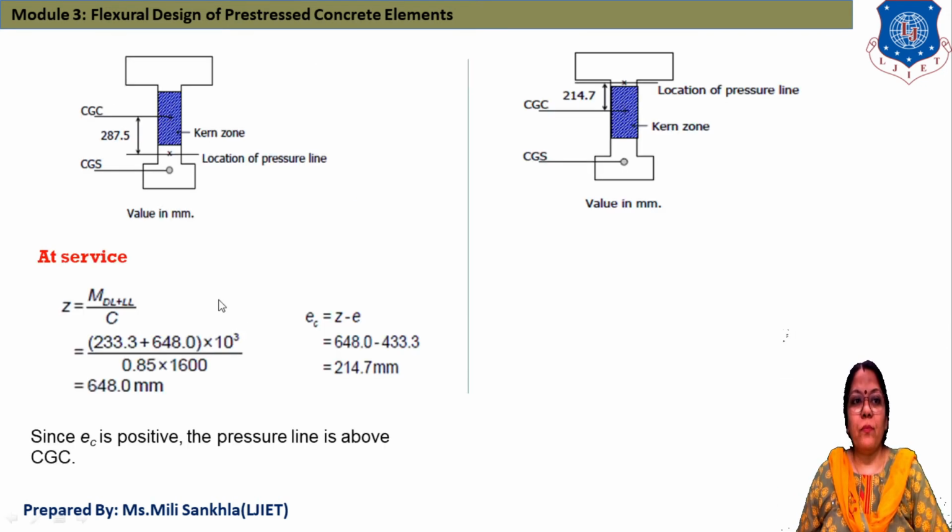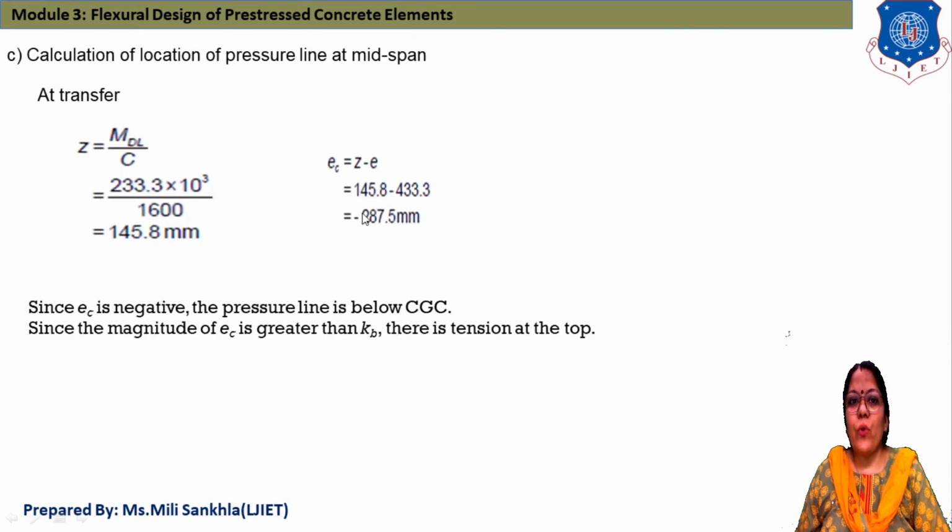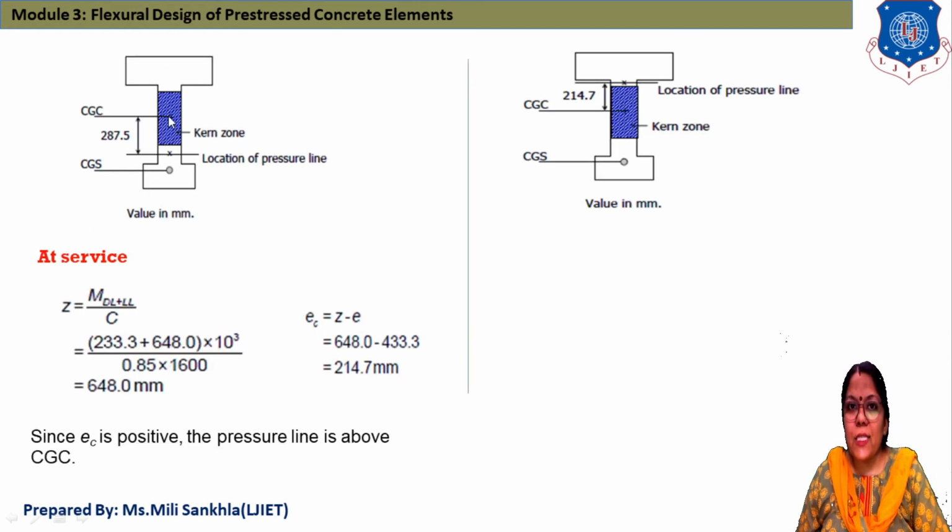Now here this is our CGC, and the CGS level is given in data, and this one is the kern, KT and KB, we find out. And 287.5 is the value from the CGC level, the EC, eccentricity of concrete.